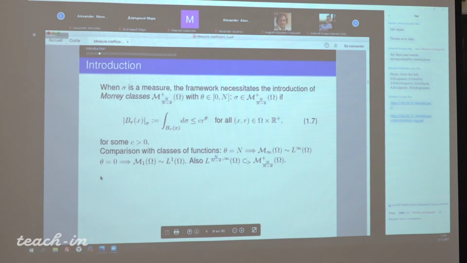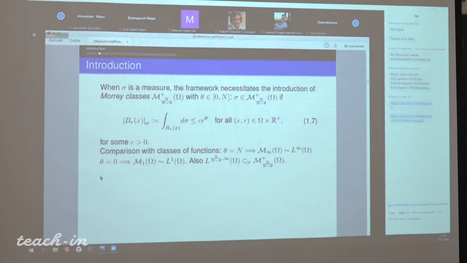Now, when you look at the initial problem 1 where sigma is a measure, you need to add a framework. The framework, for the type of measure we can deal with, is we need to introduce the Morrey classes of measures.